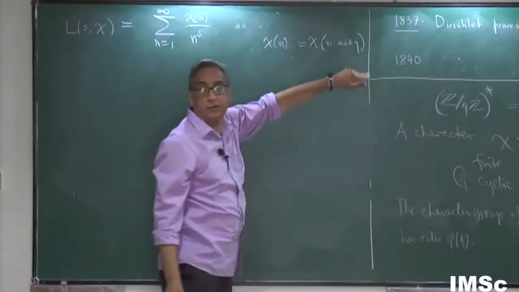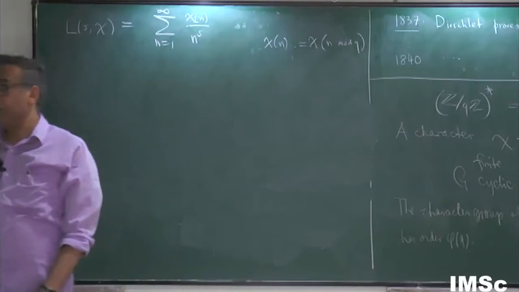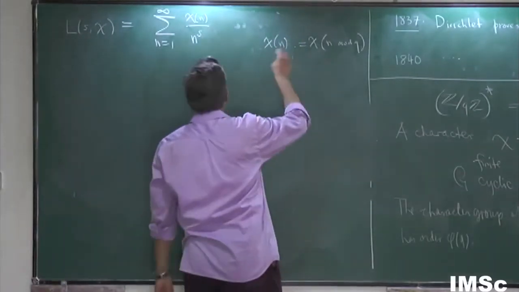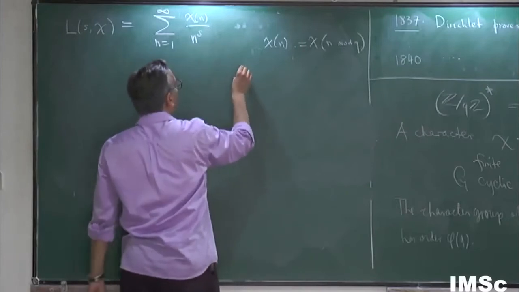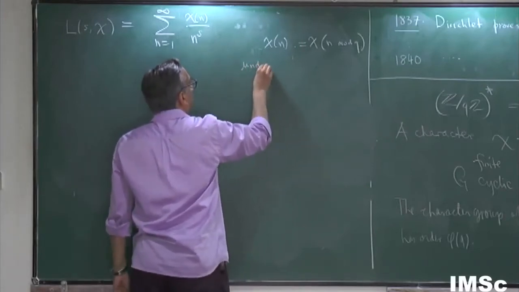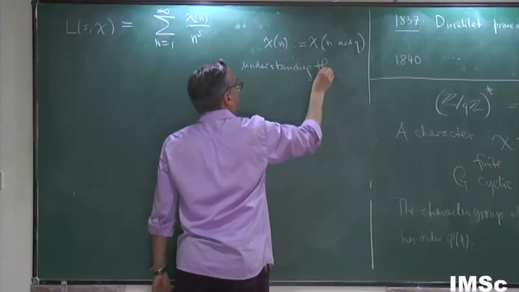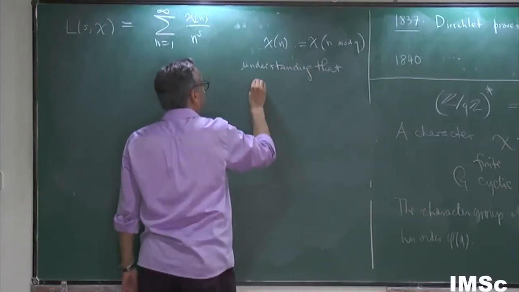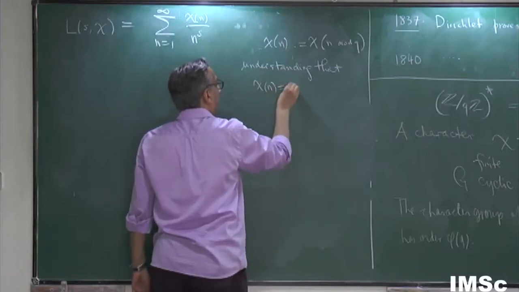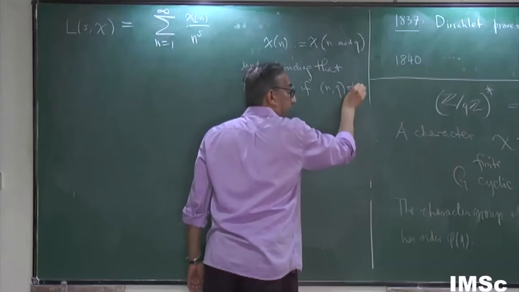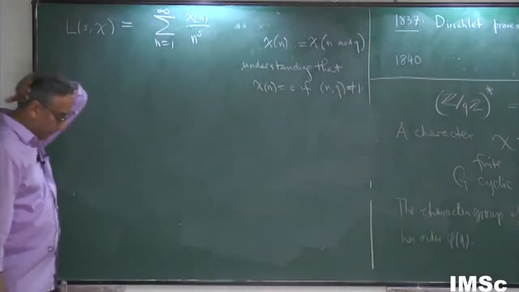Now, if n is not coprime to q, we just set it to 0, so understanding that chi of n is 0 if n and q are not relatively prime. Okay, so understanding that.